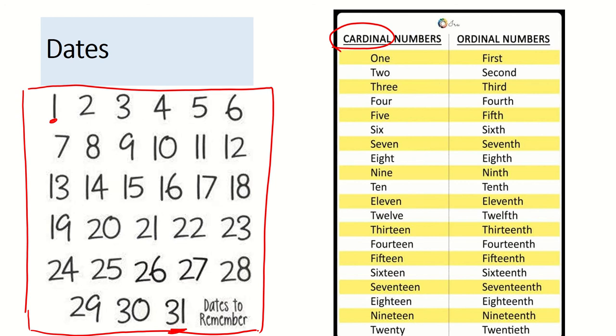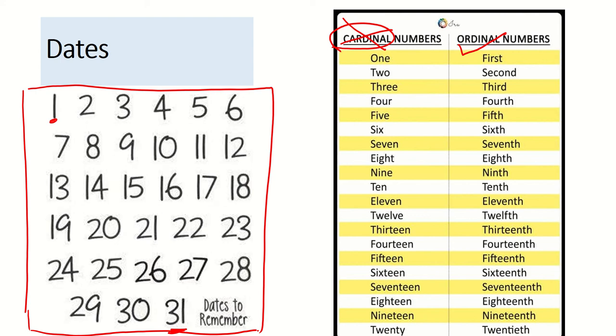Do you know calendar? Yes, okay. A 12-month calendar, so number 1 to number 31 refer to date, right? So when we talk about date, it is not cardinal but it is ordinal number.